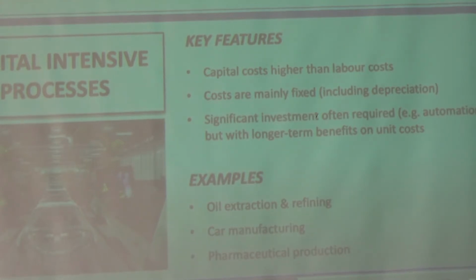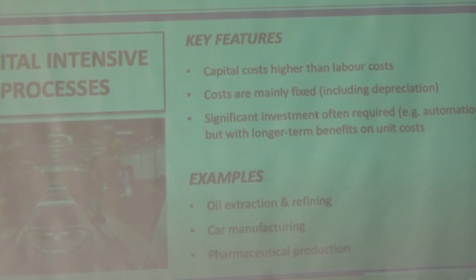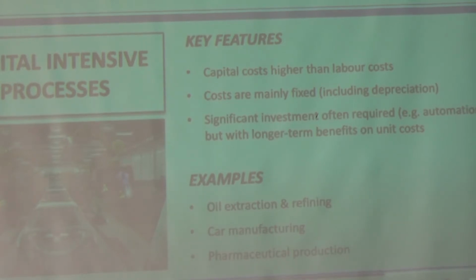And another feature of capital intensive processes is that there's often a significant investment required before you get the benefits of being capital intensive. For example, the investment here, as the picture suggests, in a highly automated production line. The first cars might roll off the line, but it might take a while before you've got the systems and the capital and the machinery in place before the production can begin.